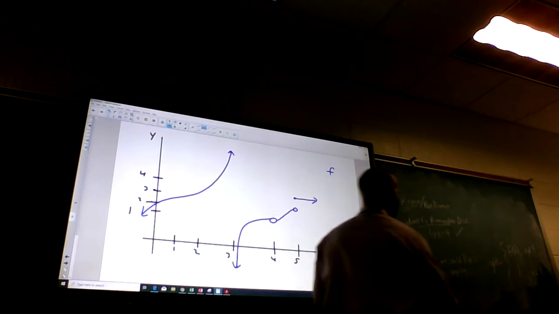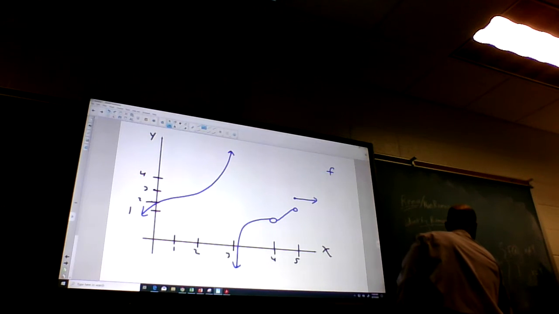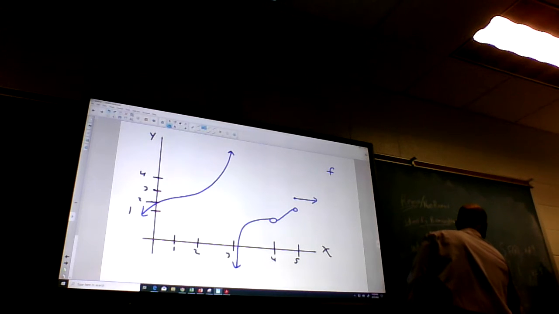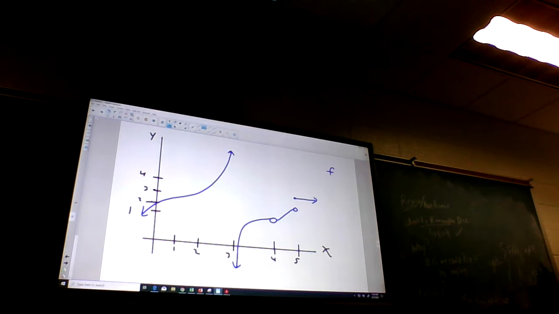Would you guys agree that I could say that it's a discontinuity since f of 4 is DNE? Would you agree? Since f of 4 is DNE, it's a discontinuity. Why is it a removable discontinuity? What's the only calculus thing we've talked about thus far this year?